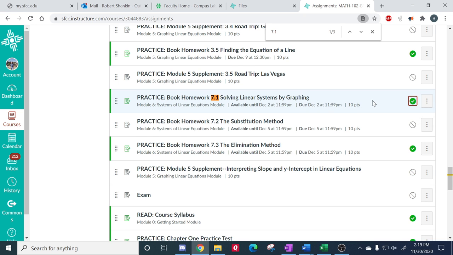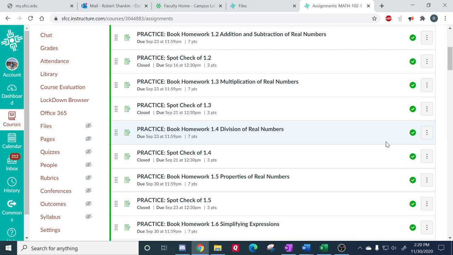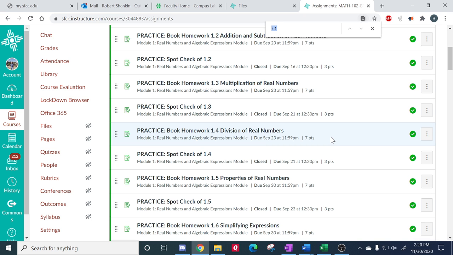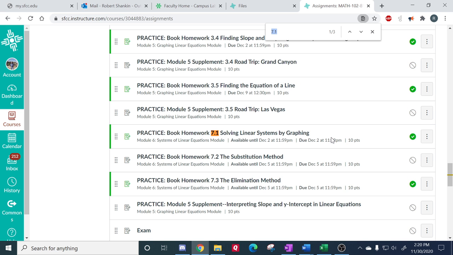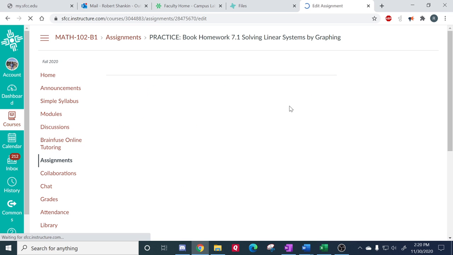It does it on one, but not on the other. Try to refresh it. No, it's still not letting me.